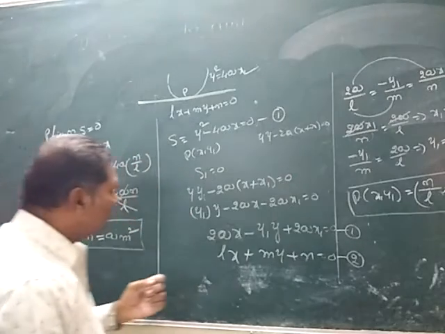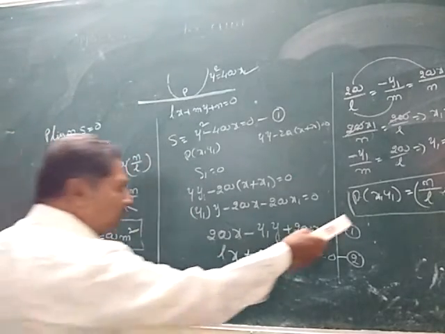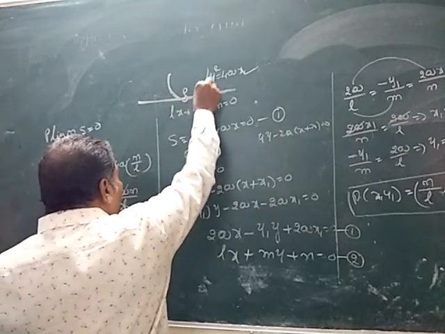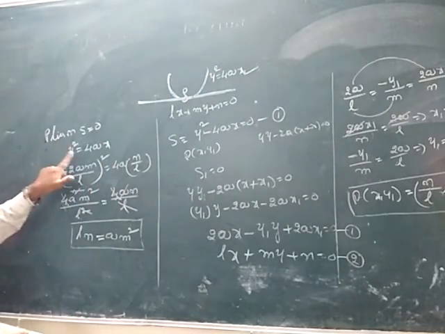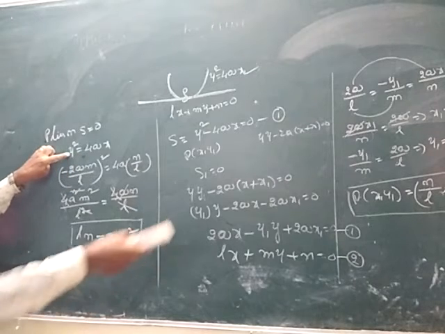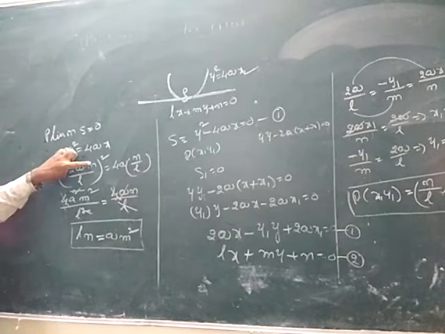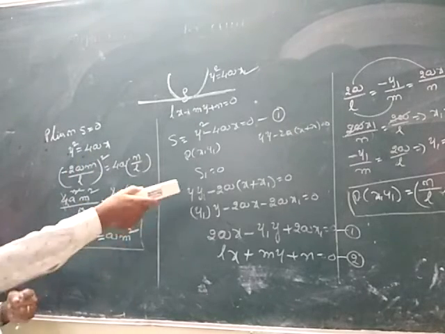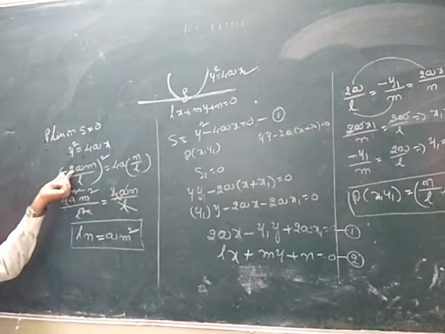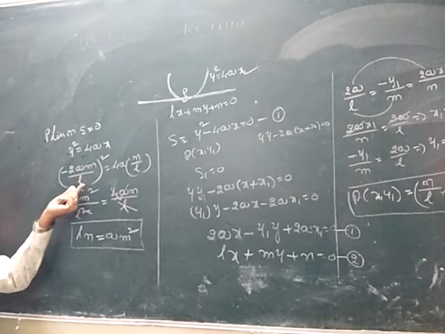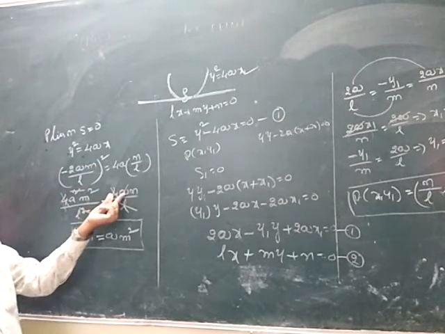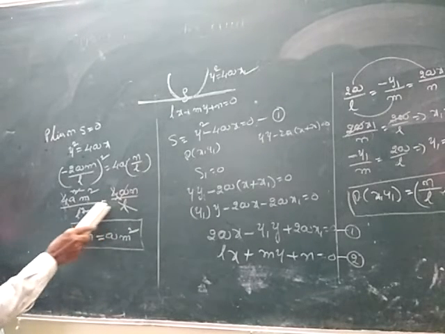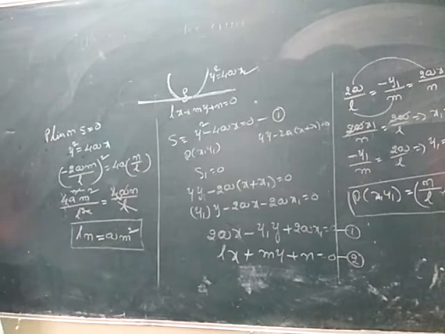Next, this point P lies on the parabola. So substitute P point in the parabola equation. Y square, minus 2am by L whole square, equal to 4a, where x value is n by L. 4a square m square by L square equal to 4an by L. 4 cancel, L cancel, a cancel.